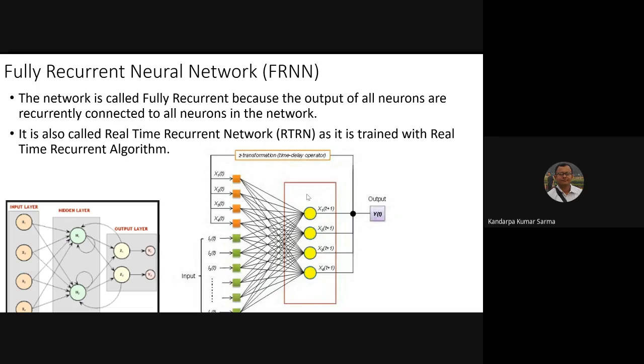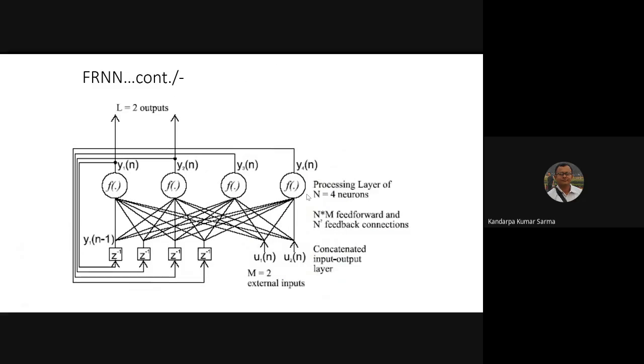This RTRA will be used with the real-time recurrent neural network, where all the neurons will receive both feed forward and feedback components. It's computationally quite demanding. In such structures you can have more feedback paths compared to the number of pattern feed neurons. So this is a fully recurrent neural network structure.